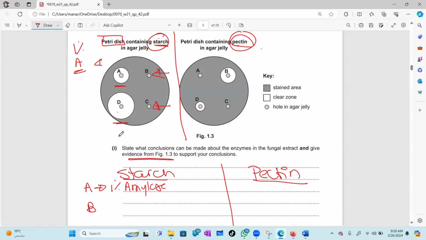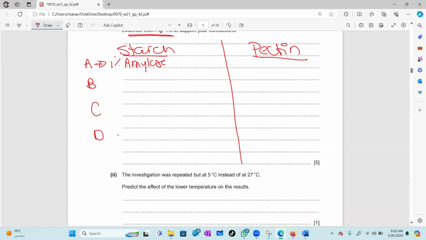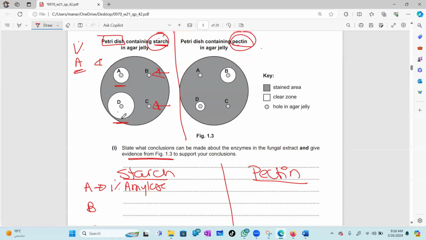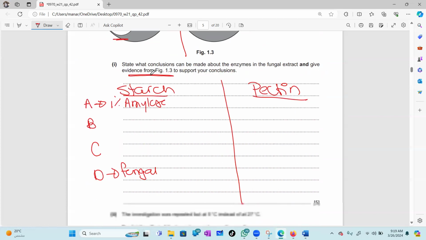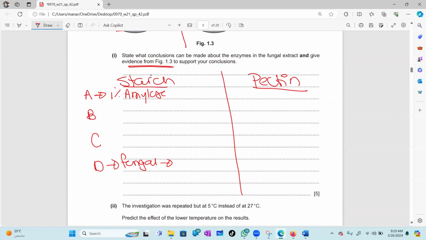And D contained the fungal extract. They both digested starch because I can see a clear zone around A and a clear zone around D. But the clear zone around D is bigger than the clear zone around A. So this shows that D contains more than 1% amylase, or you can say that D contains more amylase than A. Why?